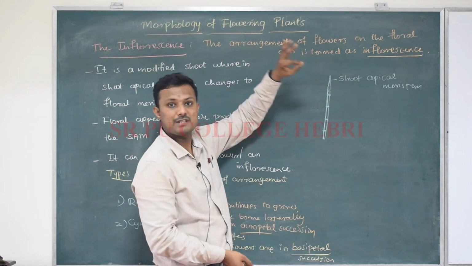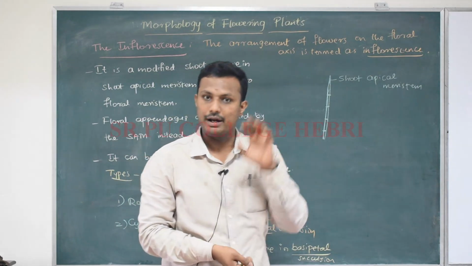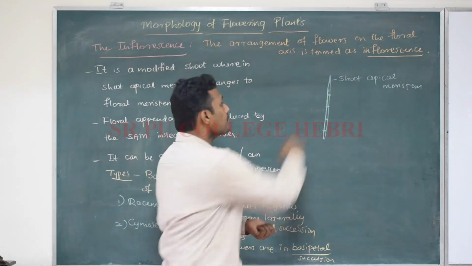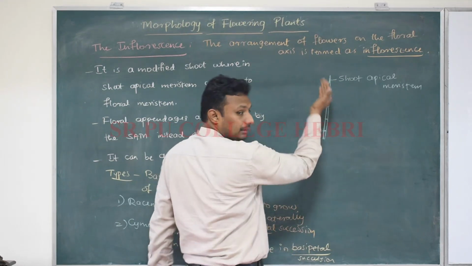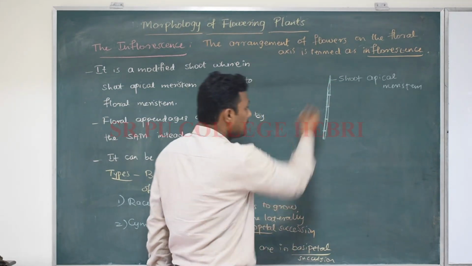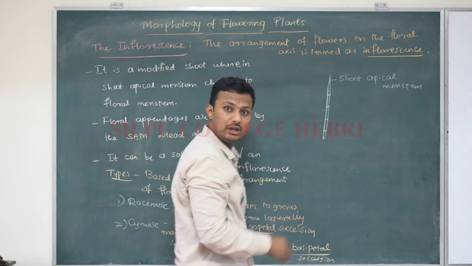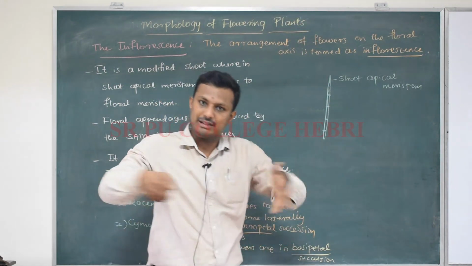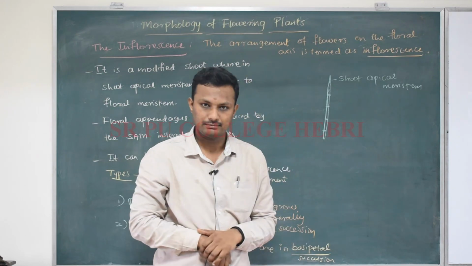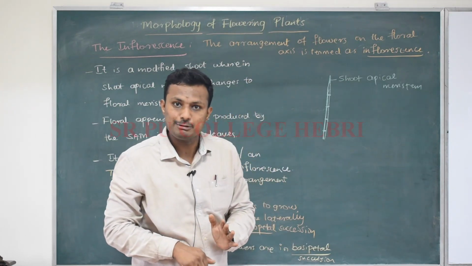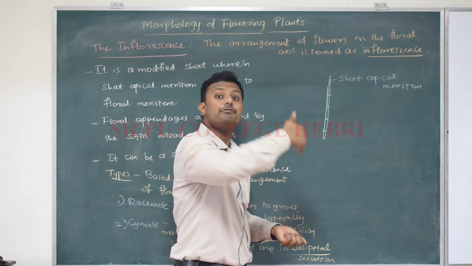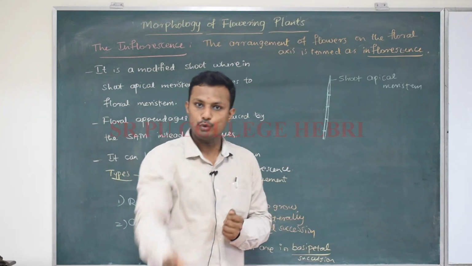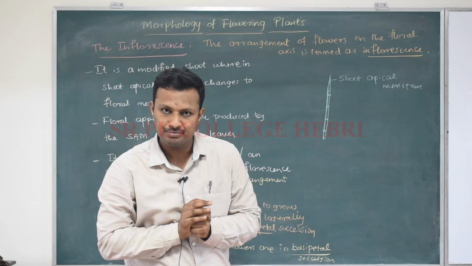All the cells present in the shoot apical meristem are young and they keep on dividing to produce new cells, and because of the production of new cells, more and more tissues are formed, and that is how the plant grows in size, in width or in height. Not only growth of the plant, but production of new parts of the plant, maybe a leaf, a fruit, or a branch of the stem.